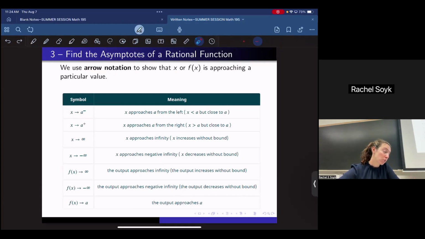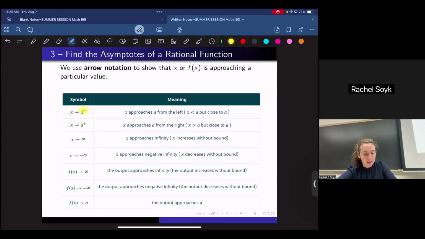As x approaches infinity, what happens to your y? As x approaches -infinity, what happens to your y? It's the same exact concept when we're looking at asymptotes. It's just with asymptotes, you're looking at it from it approaching from the left versus it approaching from the right. And that's where these little minuses and pluses come into play.